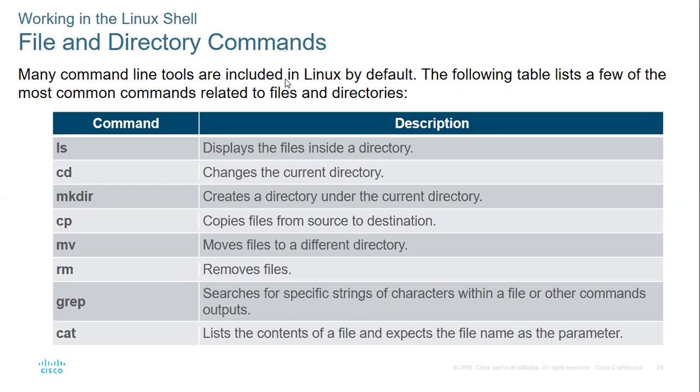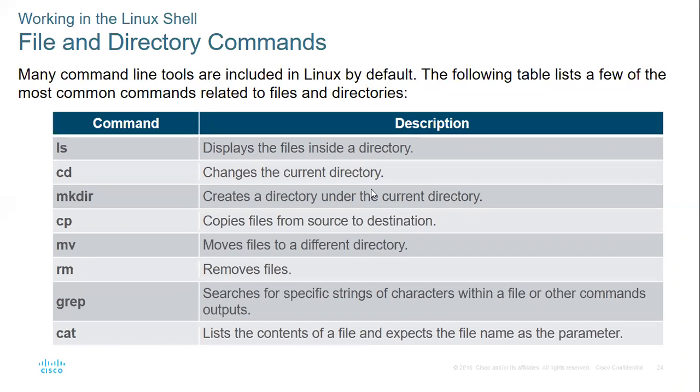File and directory commands. This is list, ls. We use this command to display the files inside a directory. A directory is the same as a folder in Windows. cd changes the current directory.